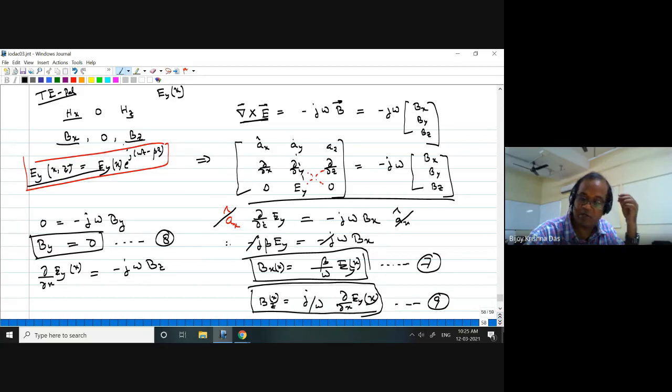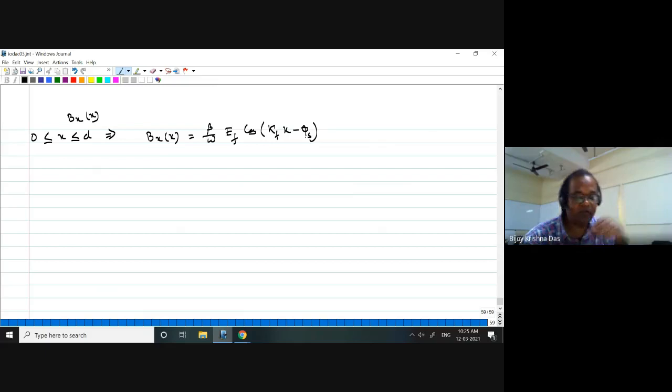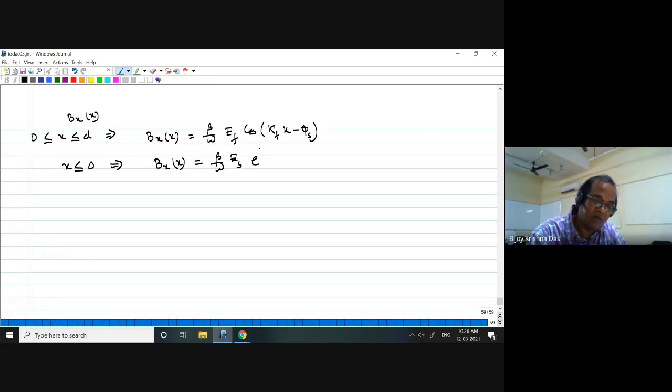So beta by omega times Ey of x, right? Beta by omega Ef cosine of kappa f x minus phi s. That is your bx as a function of x. Similarly, for x less than or equal to 0, that is the lower cladding region, the substrate region, there you can write beta by omega Es e to the power plus gamma s x.